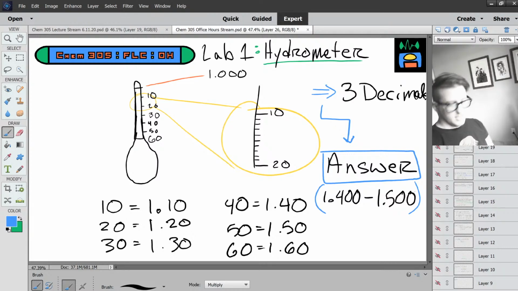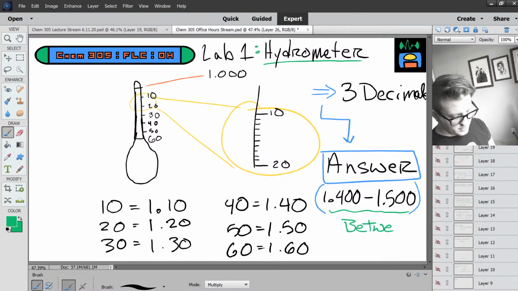It's your judgment call, but the answer should be between these values.